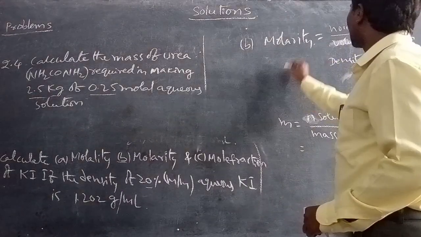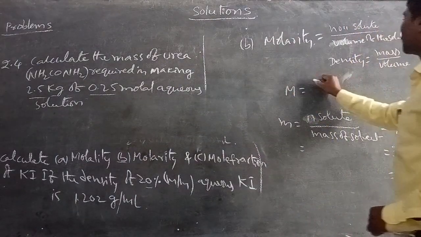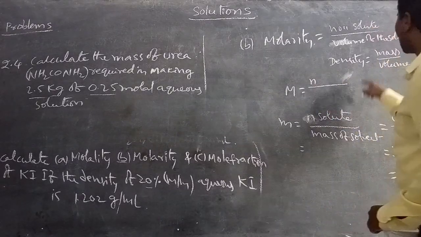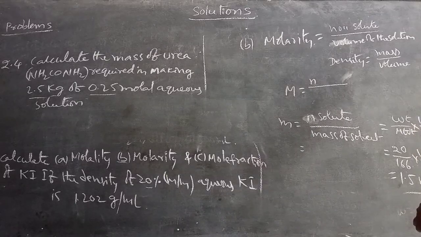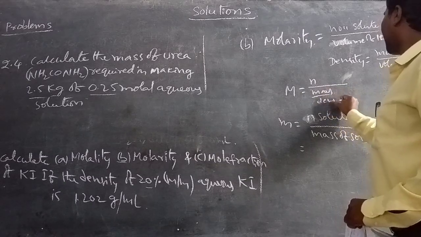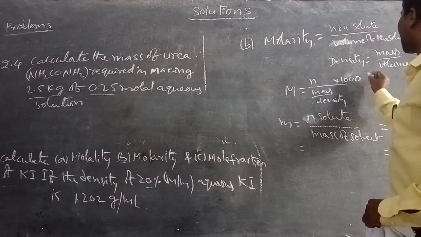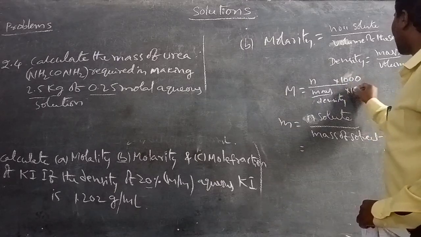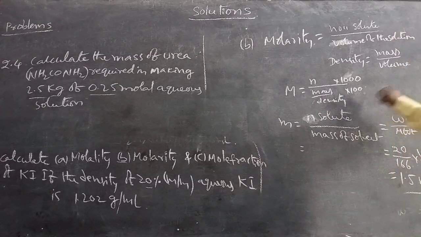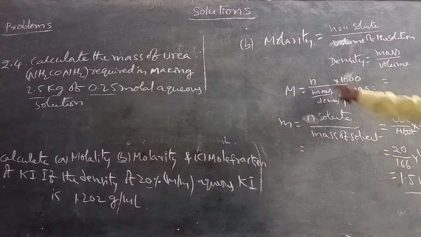So molarity M equals the number of moles of solute divided by mass by density, into 1000. Here we take 100 because 100 grams of solution is given.